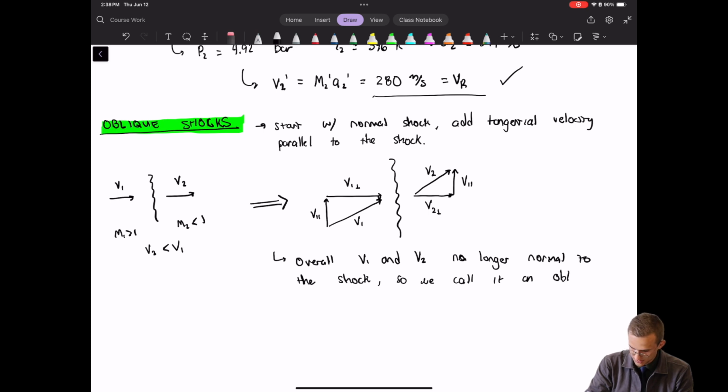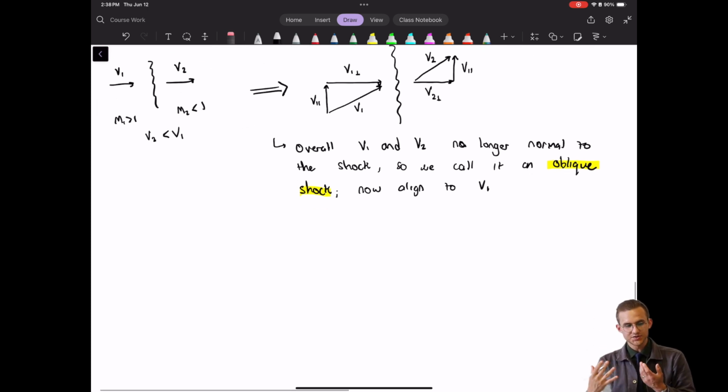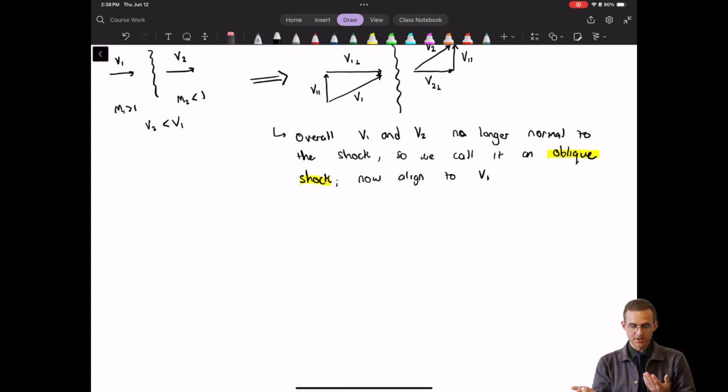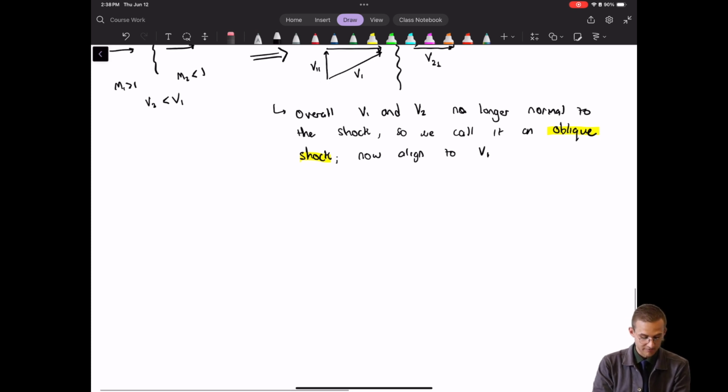Now what we do is we align to V1, the incoming velocity. We're always going to think of things in terms of the upstream velocity. We want that to be our frame of reference, so to speak.